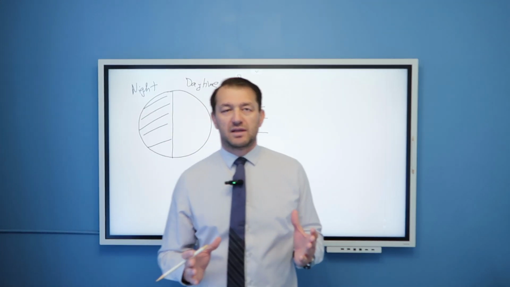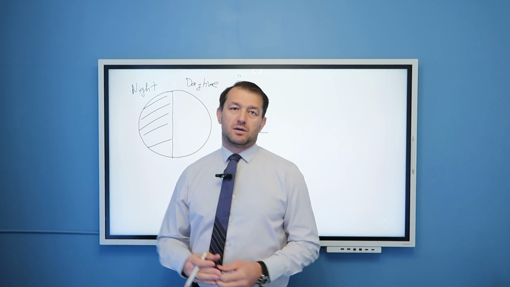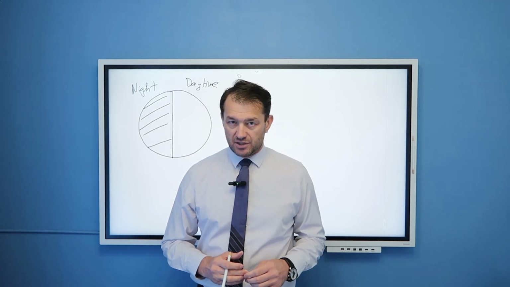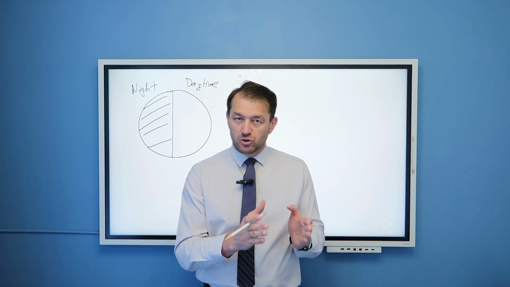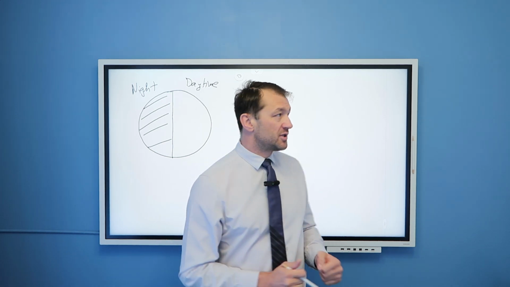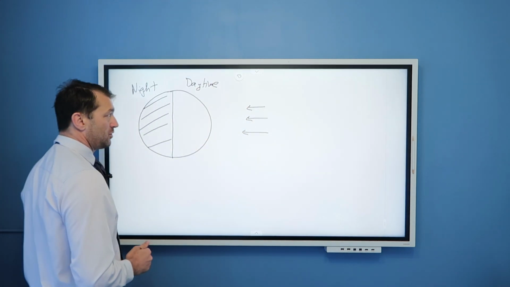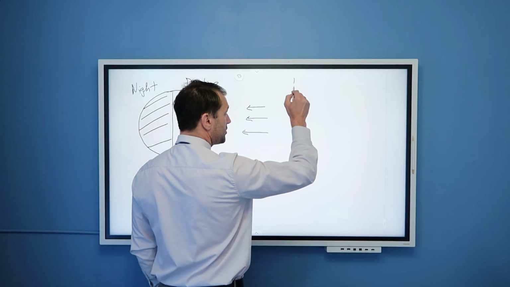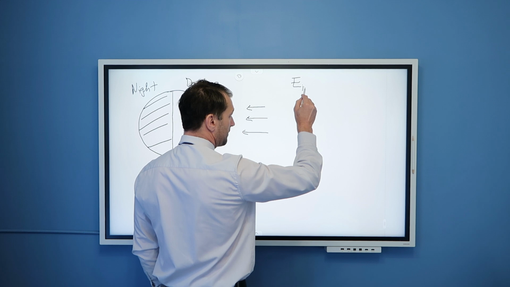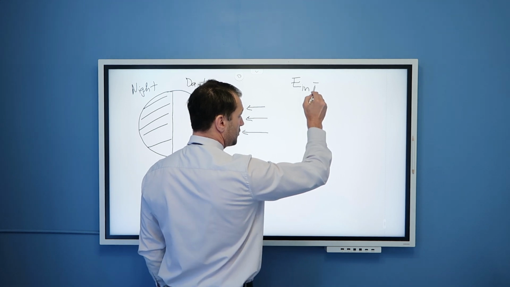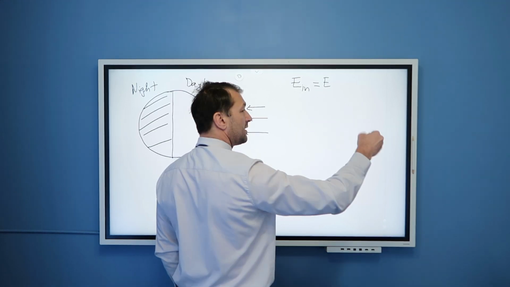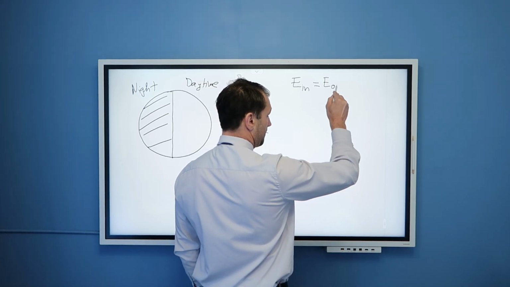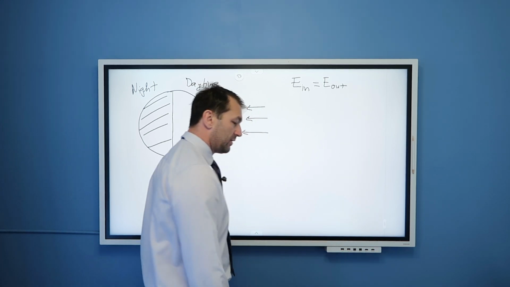Now we know that year to year, average temperature on our planet is not changing that much. So we are in the so-called steady state conditions. Temperature is constant on an annual basis. And that means that energy that we receive, energy in, needs to be equal to energy that our planet gives back to the universe, namely energy out.